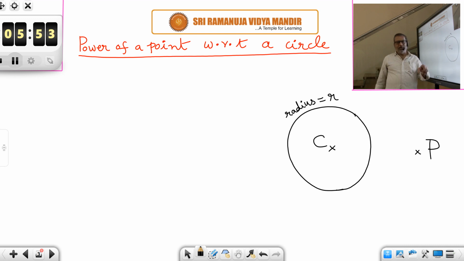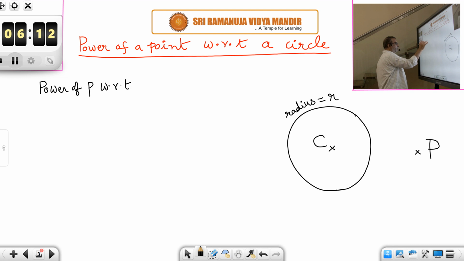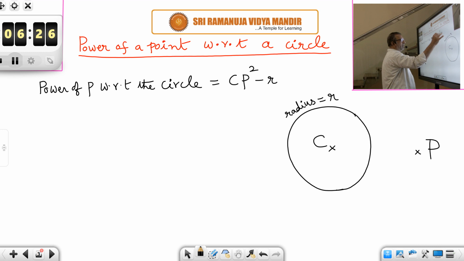Now, this point will have what is called power with respect to this circle. What is the power of the point P with respect to the circle? The definition is: the power of P with respect to the circle whose center is C and radius is R is defined as CP square minus R square.